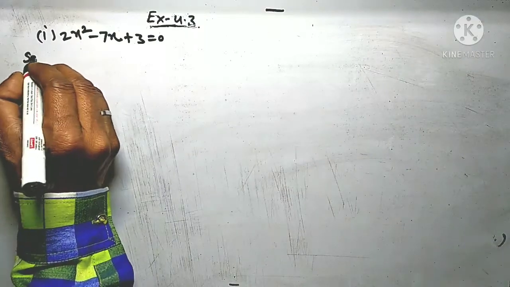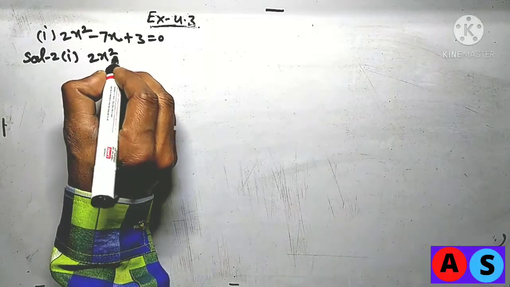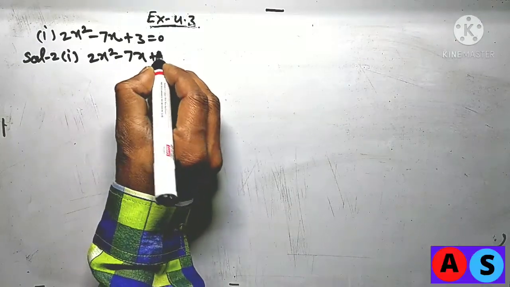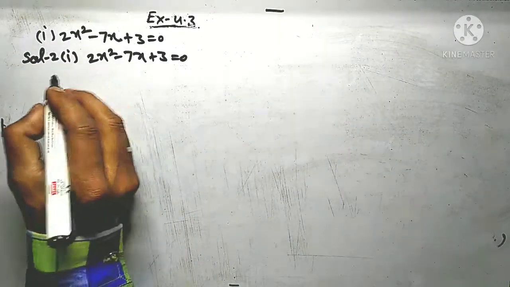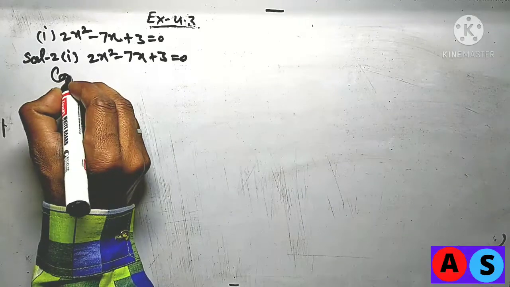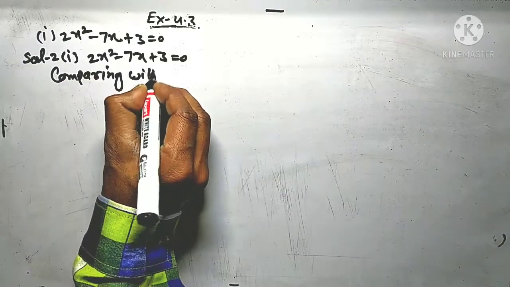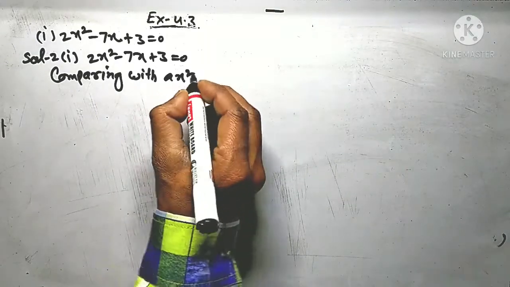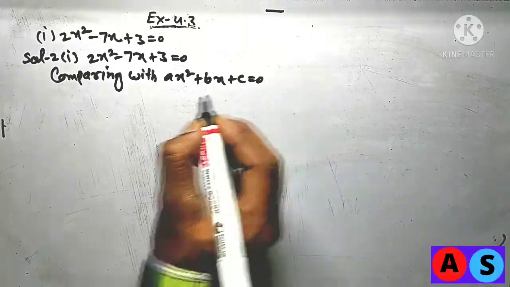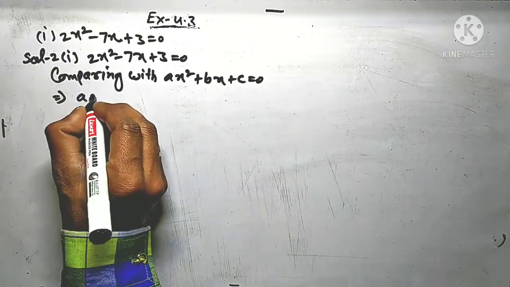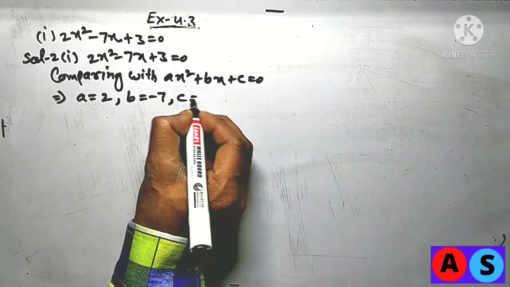Question number 2. Solution to part first. 2x square minus 7x plus 3 is equal to 0. Comparing with ax square plus bx plus c is equal to 0 implies that a is equal to 2, b is equal to minus 7, c is equal to 3.